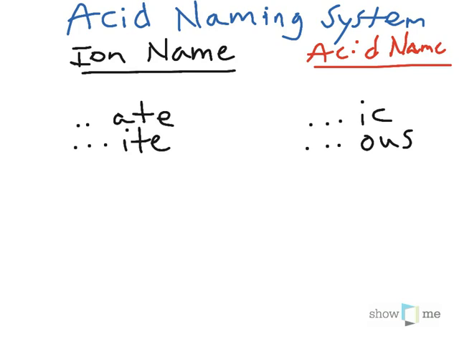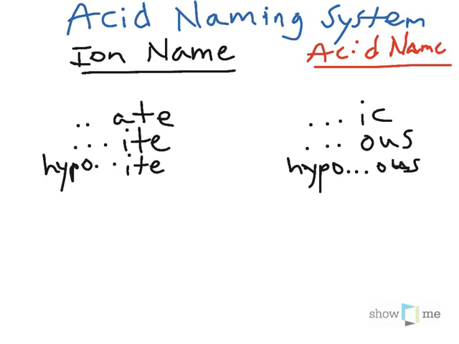Okay, now we get to some weird ones. These ones don't show up quite as often. If I have hypo-ite, like hypochlorite, then this becomes a hypo-ous acid, hypochlorous.